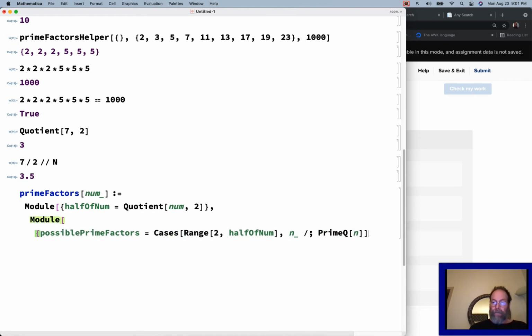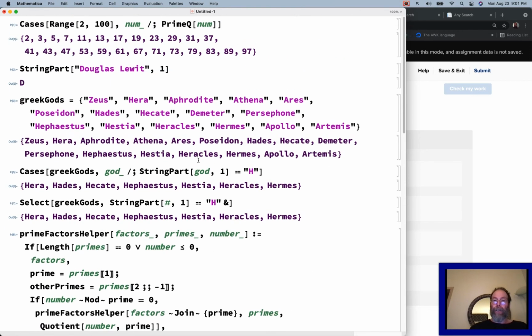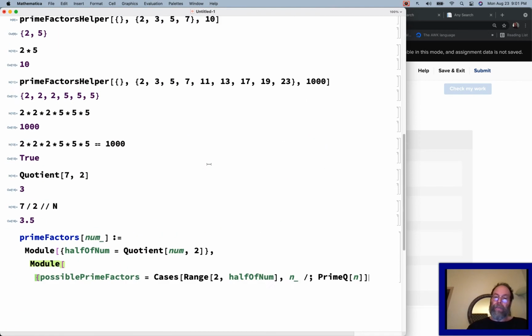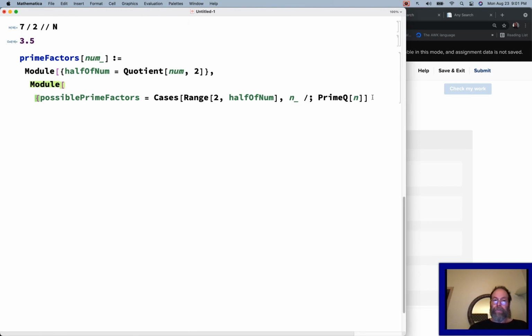And that's exactly what I did here. I'm factoring out my prime integers. Okay. And then prime factors helper, empty list, possible prime factors, num.